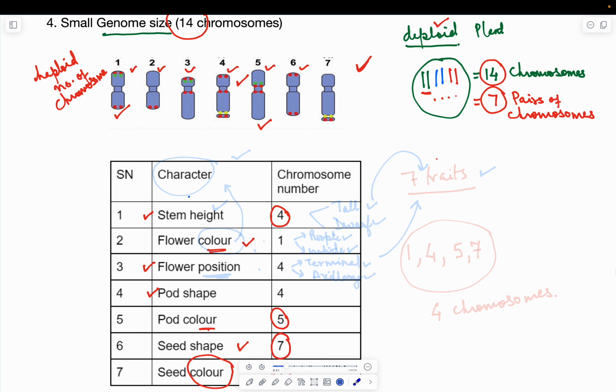So only chromosomes 1, 4, 5 and 7. So all the genes controlling the 7 traits in the pea plant were present on only 4 chromosomes.